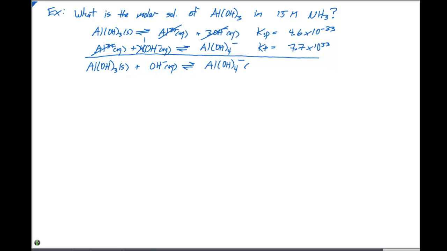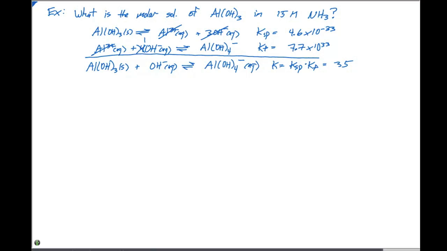The K for this expression is going to be the Ksp times the Kf, which when these are multiplied together, we get 35. A value of 35 is going to tell us that this equilibrium is going to lie to the right, or it's going to lie on the side of the complex ion formation.